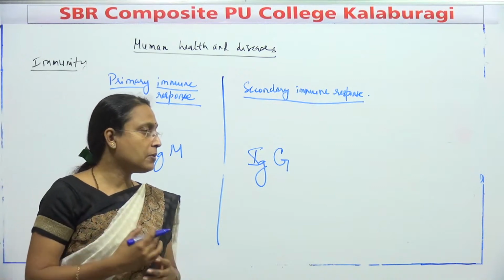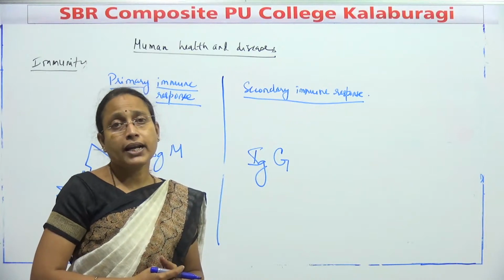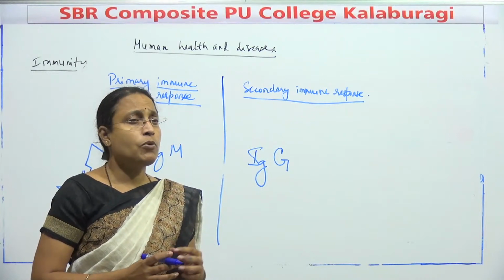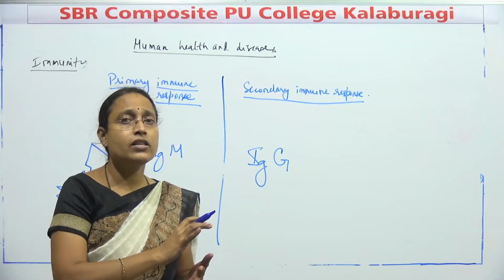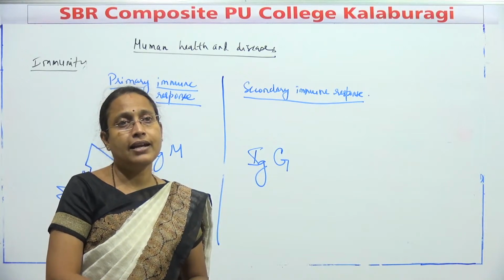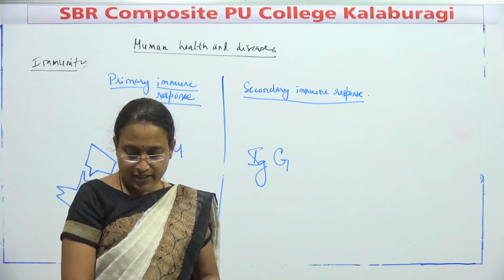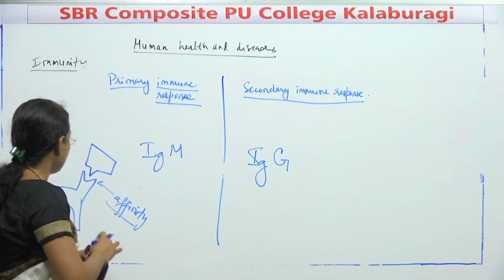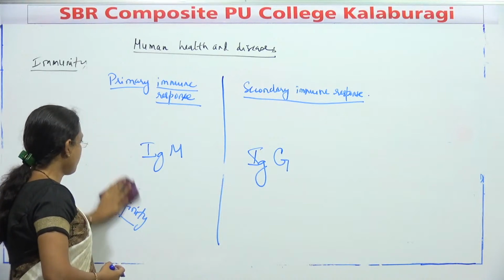The more strongly an antigen binds to antibody, it is better because neutralization can occur very quickly. So in primary response, since the encounter is for first time, our immune system will be very slow. It means that even antibody attraction towards the antigen will be weak. It won't be very strong. So we say affinity is less here. The next difference comes, affinity is less.